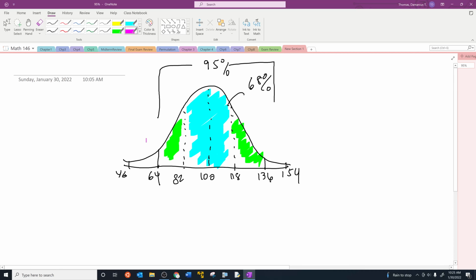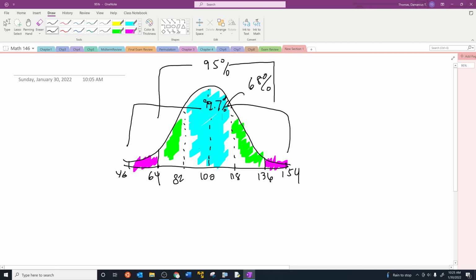And we'll give it another color. So apparently, if you go out 3 deviations, that's 99.7% of all the data. So that's kind of how it works.